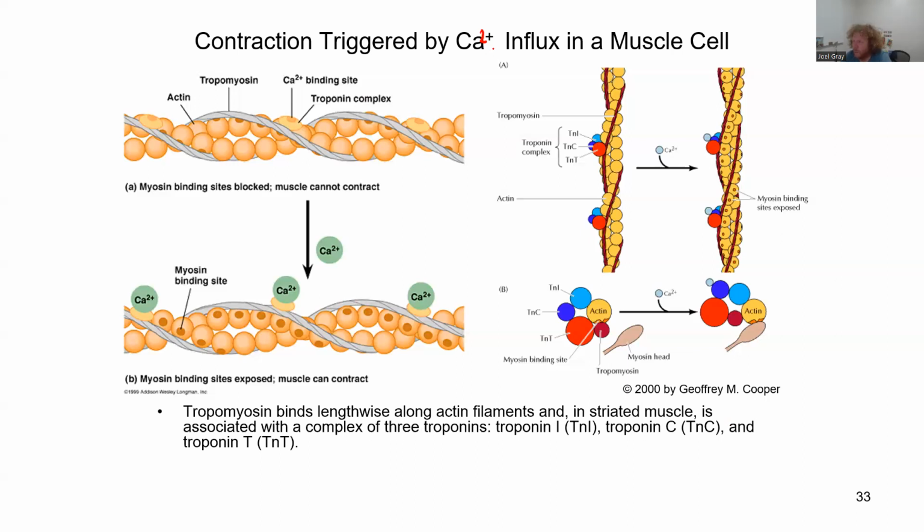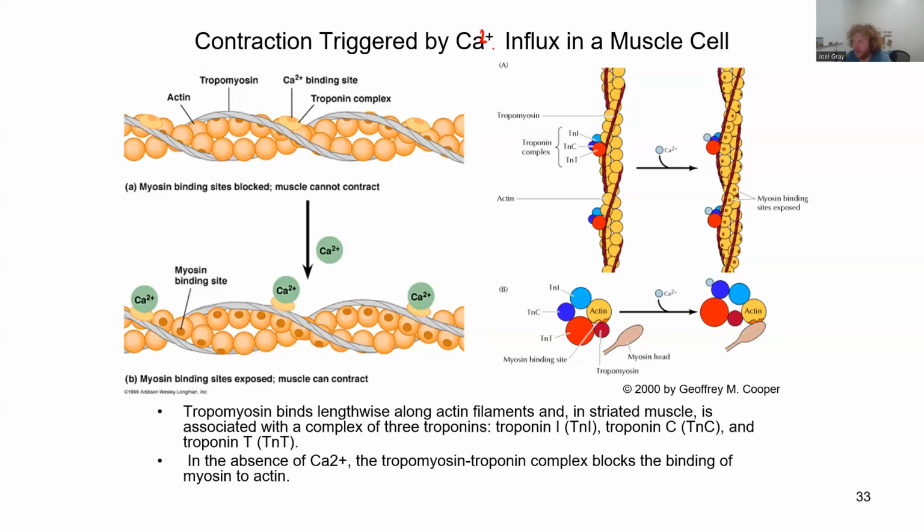Tropomyosin binds lengthwise along actin filaments in striated muscle. This is associated with a complex of three troponins: troponin I, troponin C, and troponin T. In the absence of calcium, the tropomyosin-troponin complex blocks the binding of myosin to actin.